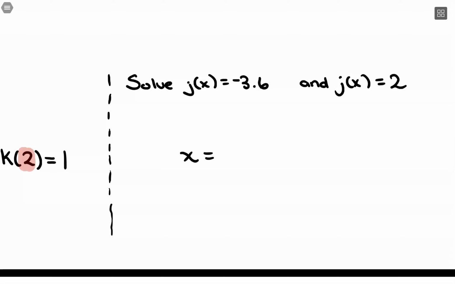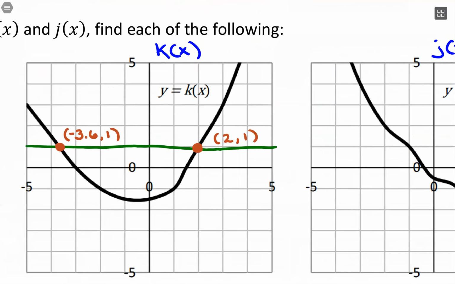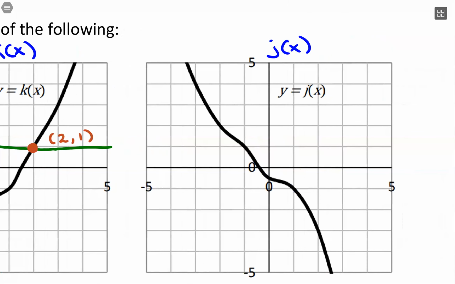To solve this, I'm going to do exactly what I did with that first graph, and draw these horizontal lines. It's just that I'm going to have two of them. Let's focus on the negative 3.6 first. With j of x, I'm going to look at a horizontal line at negative 3.6 as best as I can draw. What we can see is one intersection point where x is, let's say, 2.2, and we're estimating here.